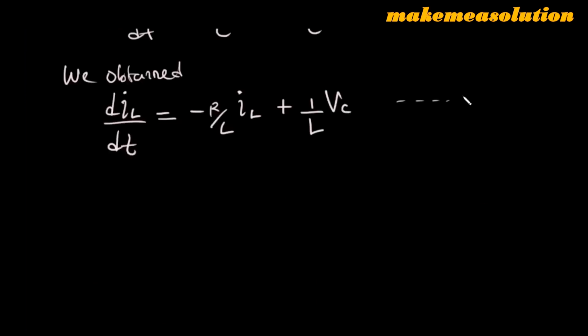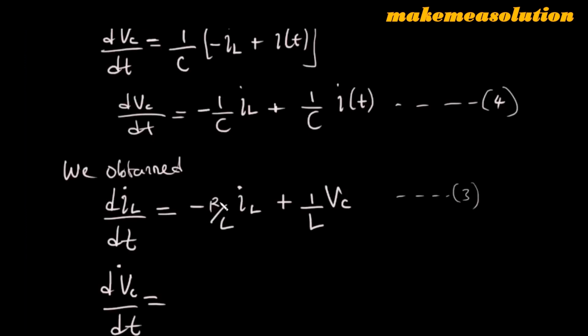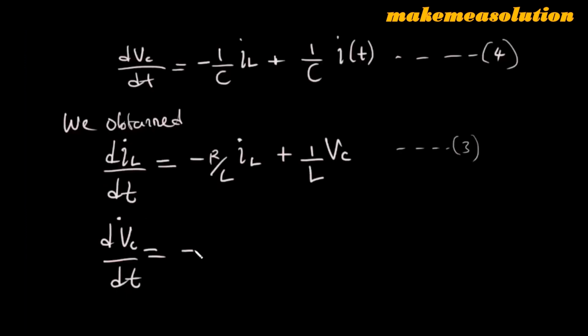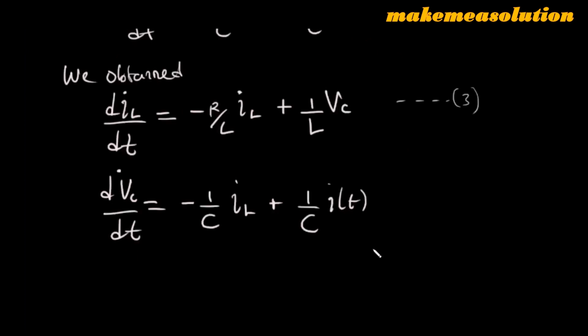So this is equation 3, and in equation 4 we got dVC by dt is equal to minus 1 over C IL plus 1 over C I of t. Is that okay?